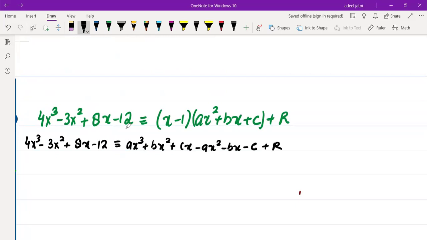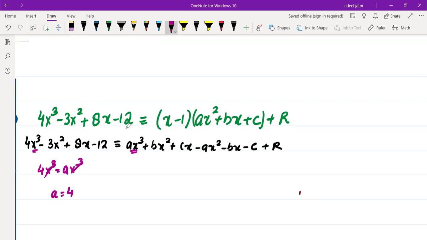Now we're going to use the comparison method again, which states that x cube should be compared to x cube. So your a becomes 4.